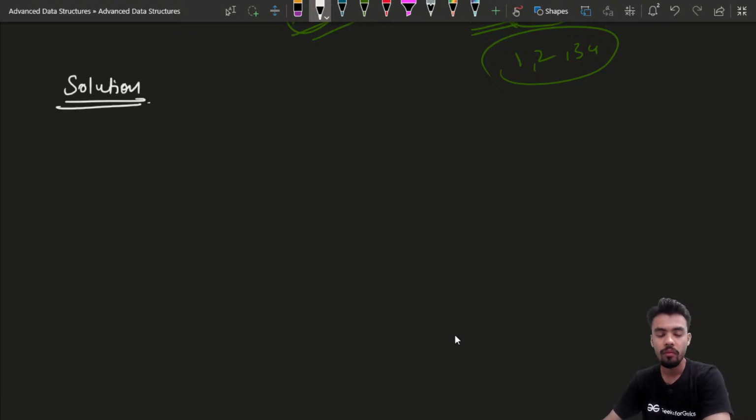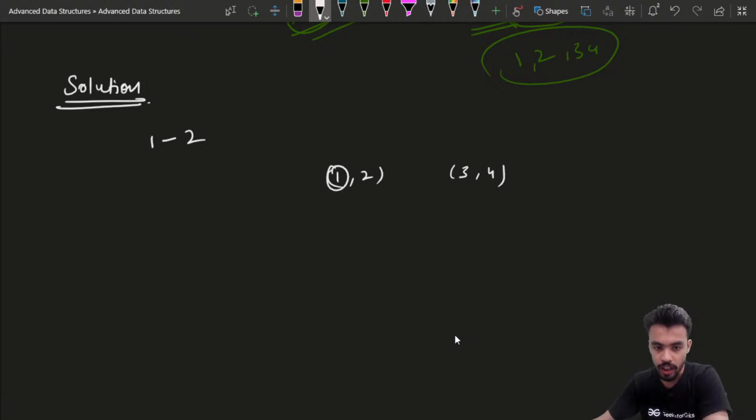So what very basic thing we can do here is, suppose 1 is a friend of 2, now we know that 1 and 2 are each other's friends, and then 3 and 4 become each other's friends. Now if 1 becomes the friend of 4, then we can check all the values which are friends of 1, which are directly connected to this, and we can make all of them friends of this particular 4 value.